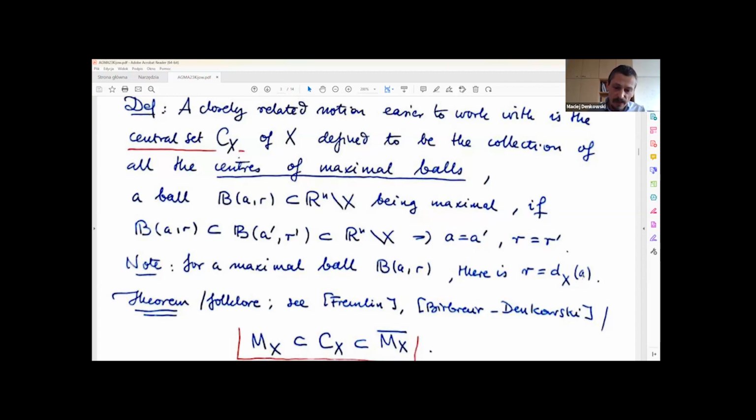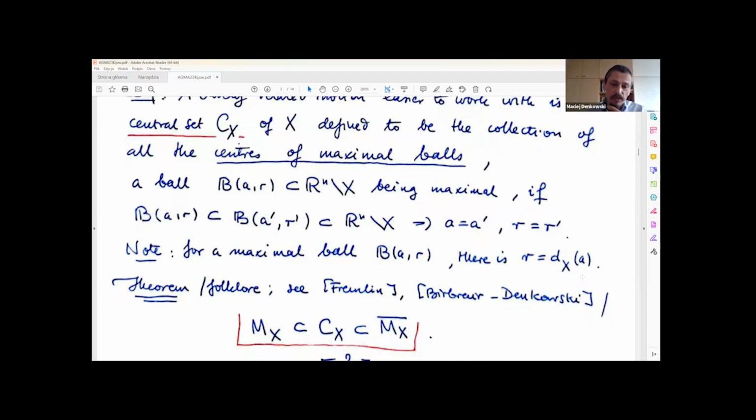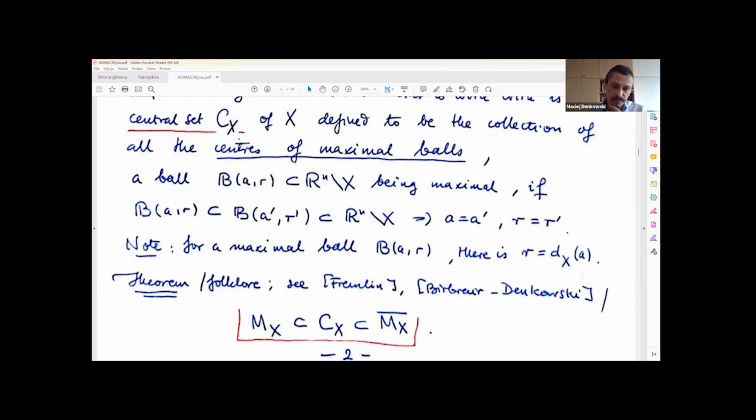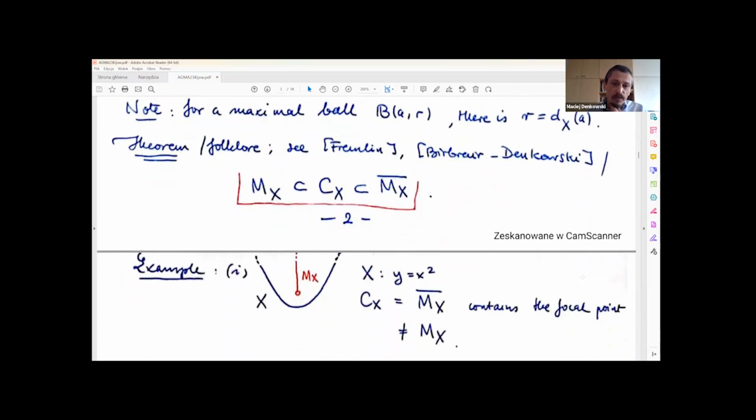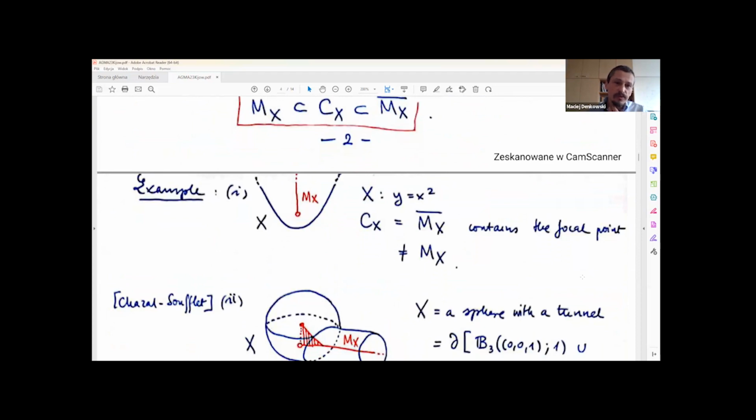And the next theorem is what actually accounts for why the central set is often used instead of the medial axis. It lies exactly in between the medial axis and its closure. One example, or two examples that show that both inclusions may be strict.